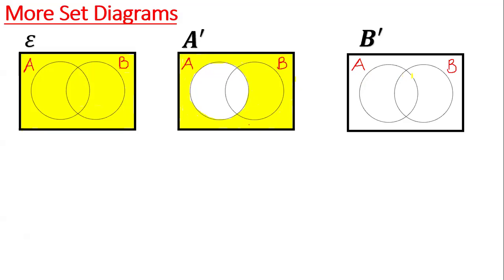Okay, B complement is going to be everything except for B. So we do not want to include B inside of this.